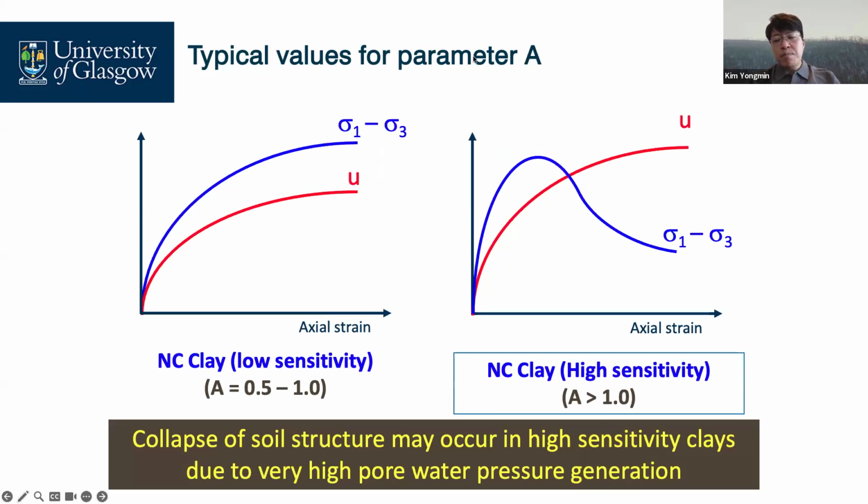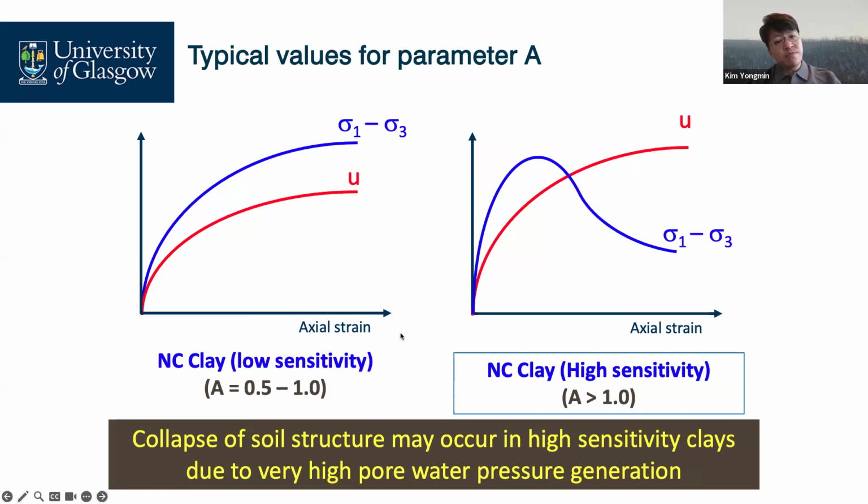And then the typical parameter A tells you about the sensitivity. NC clay looks like low sensitivity. Apply load, your strain increases smoothly, and your pore pressure development looks like that. So in this case, your Skempton pore pressure parameter A ranges from 0.5 to 1.